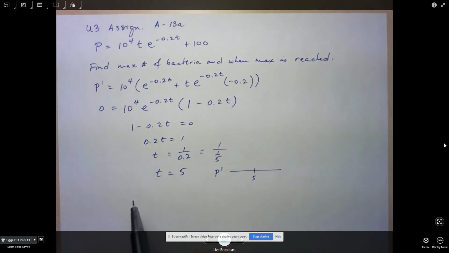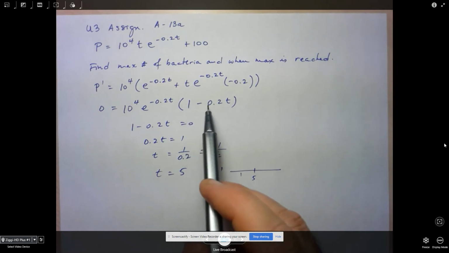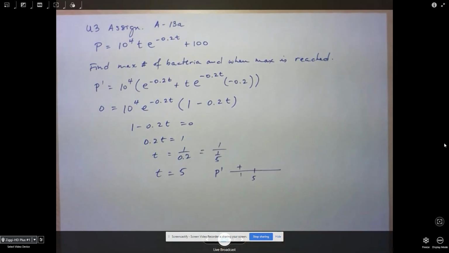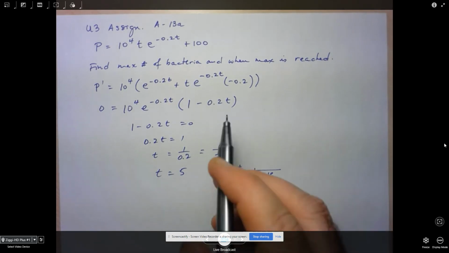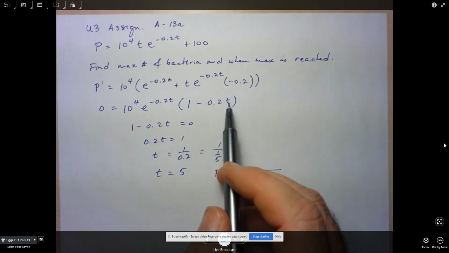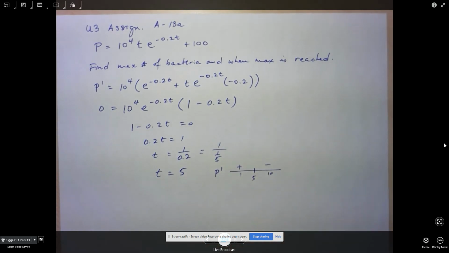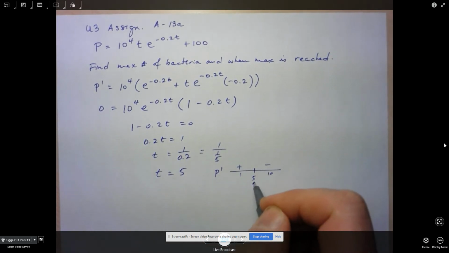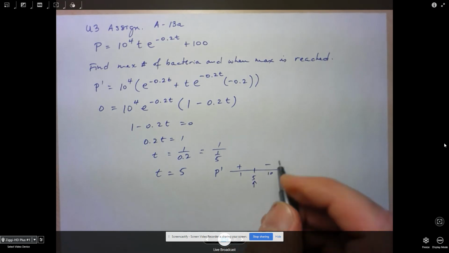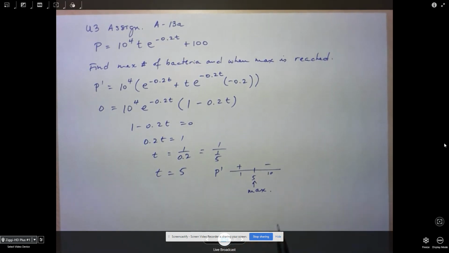If I put, say, t equals 1, I have 1 minus 0.2, so that's going to be a positive number. And if I pick, say, t equals 10, 0.2 times 10 is 2, and 1 minus 2 is negative, so that's negative. So we're indeed going from increasing to decreasing, so this is a max.